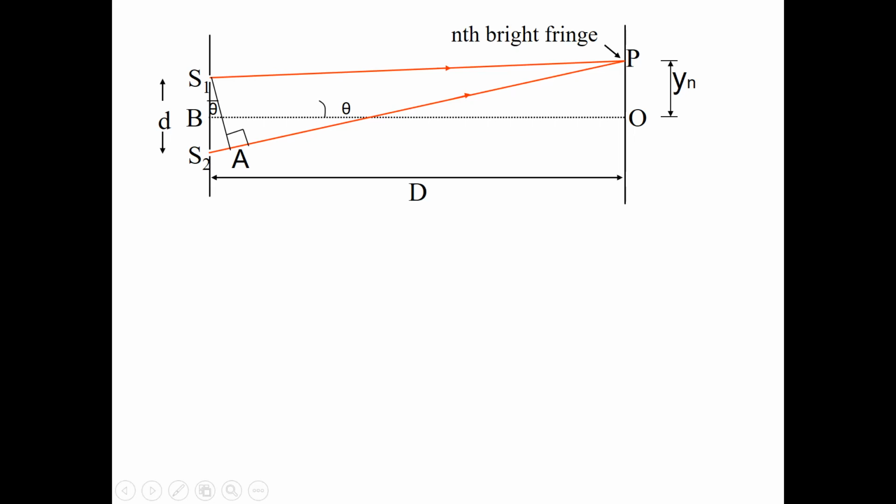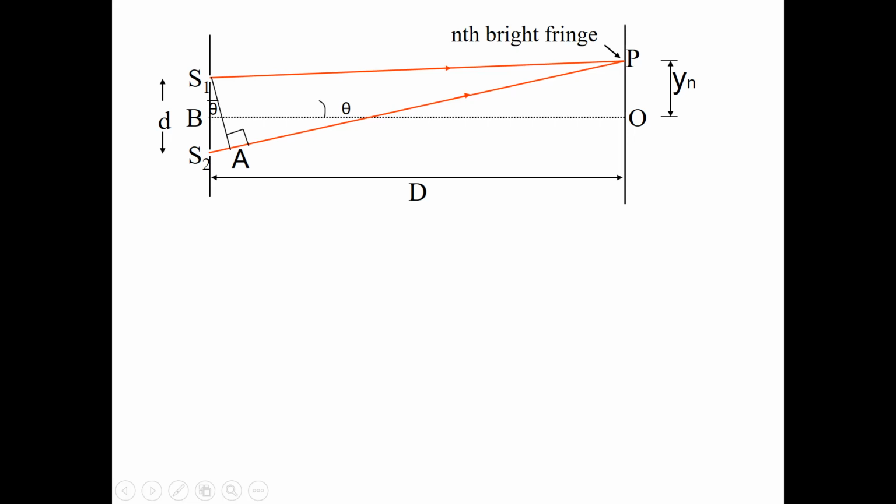According to the principle of superposition, these two waves will superimpose and produce a resultant wave. Since P is a bright fringe, it must be constructive interference at the point P. If we compare the wave from S1 to P and from S2 to P, you can see that S2 is further than S1.